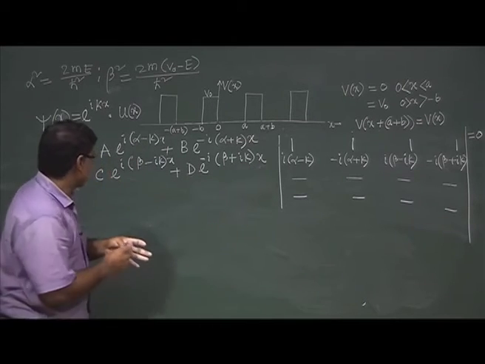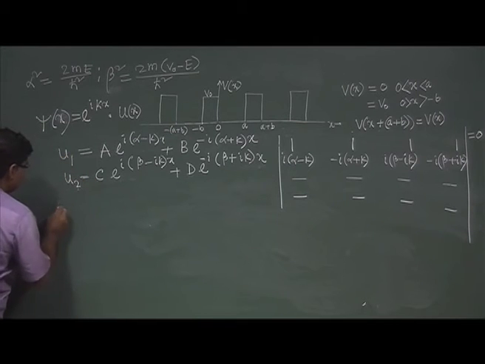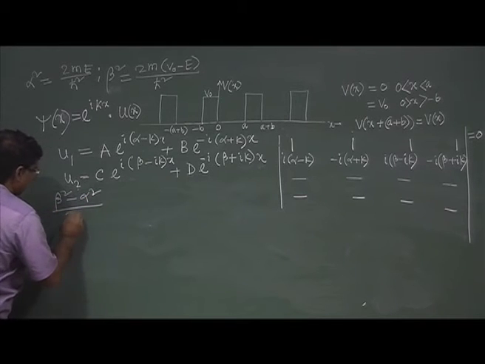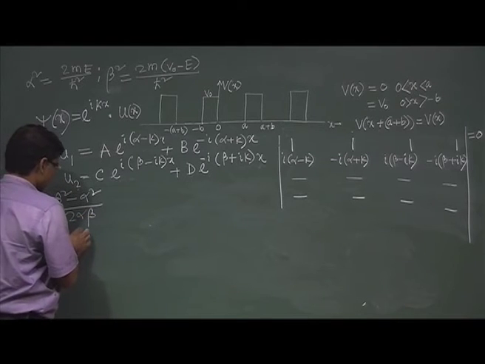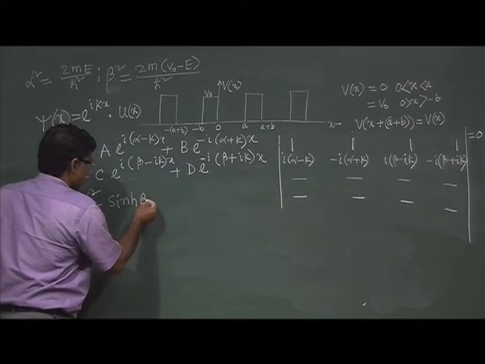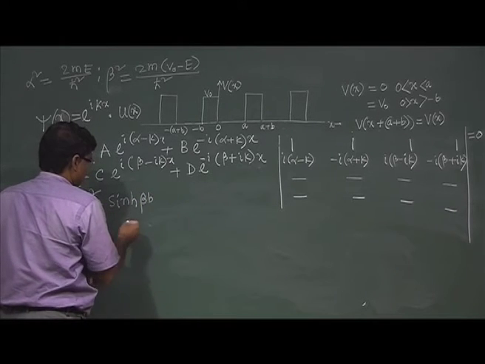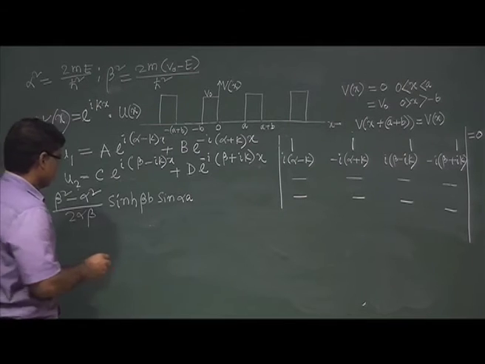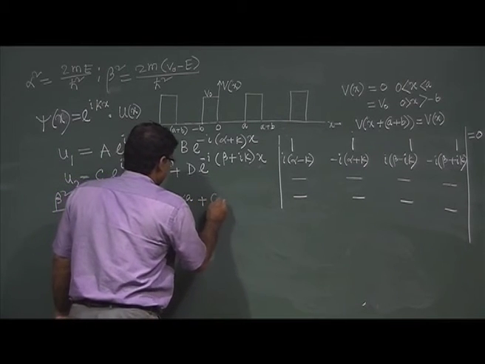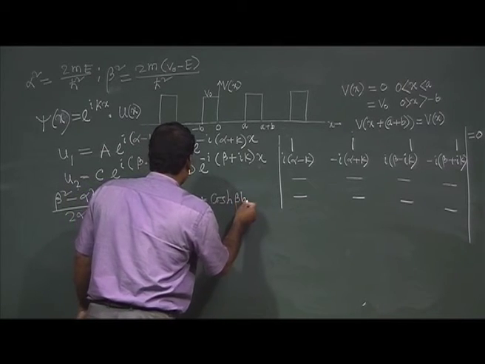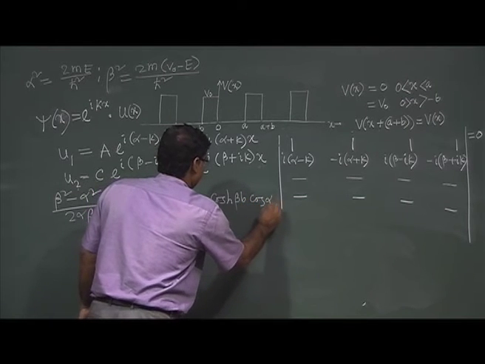Solving this, I will get beta square minus alpha square by 2 alpha beta, sin hyperbolic beta b, sin alpha a, plus cos hyperbolic beta b cos alpha a.